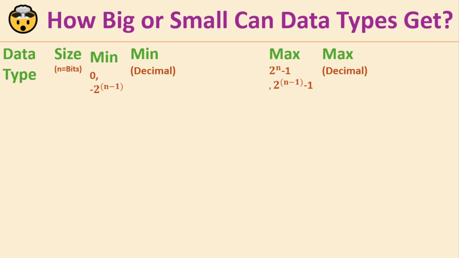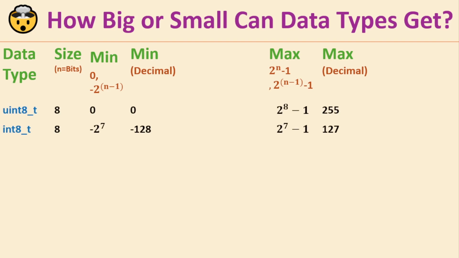We also provide the formula and decimal values for reference. In a previous video, we discussed how memory stores variables. Please check the link above. For example, an 8-bit variable occupies 1 byte of memory.